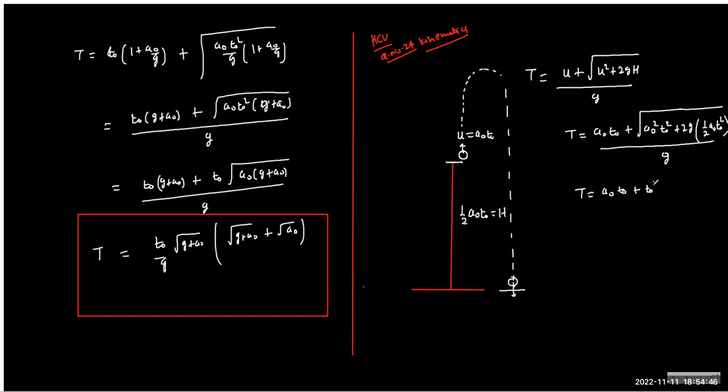Okay. So t naught will come out, and we are left with a naught square g. Oh, sorry. So we are left with a naught square plus a naught g. Yeah.